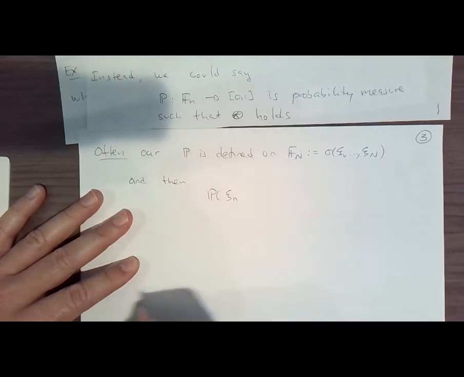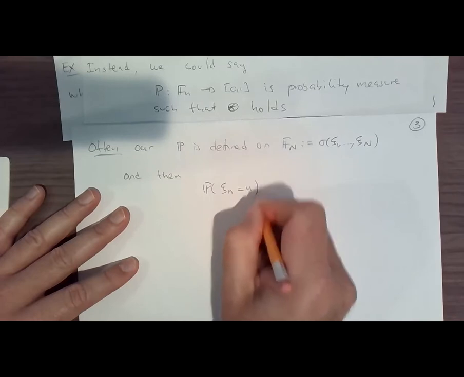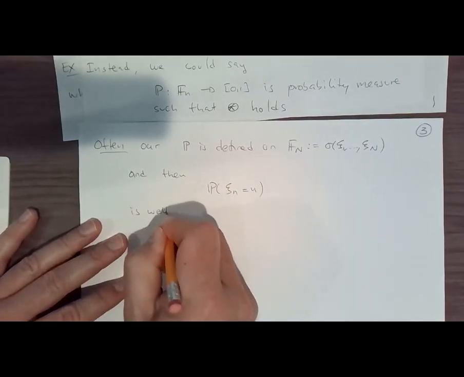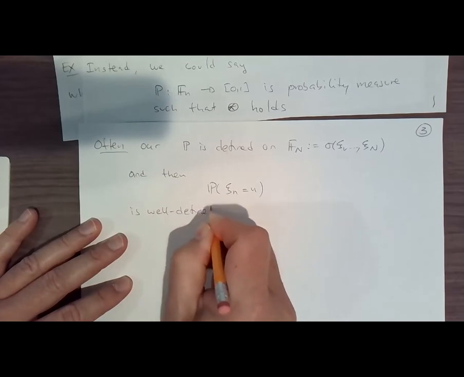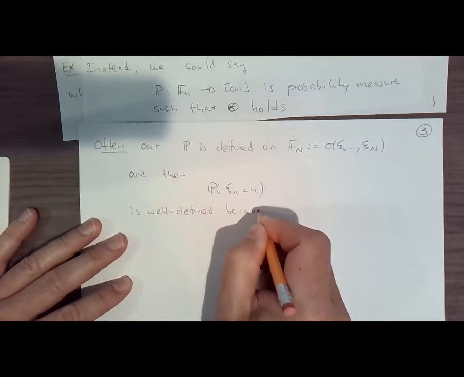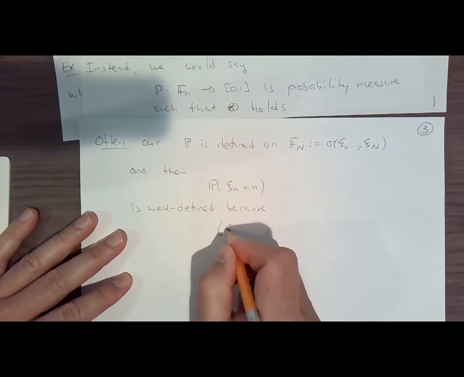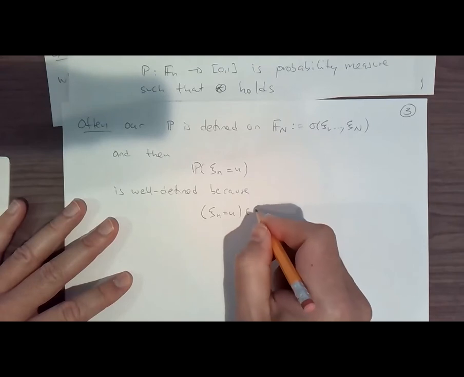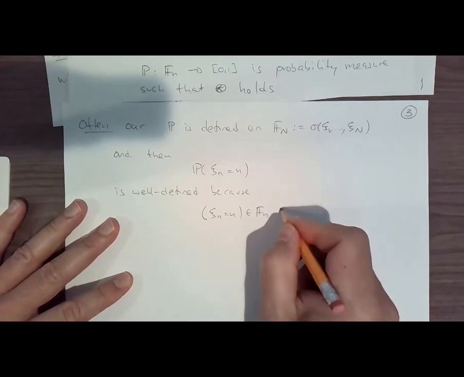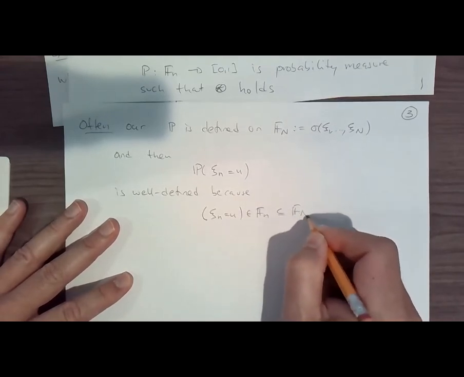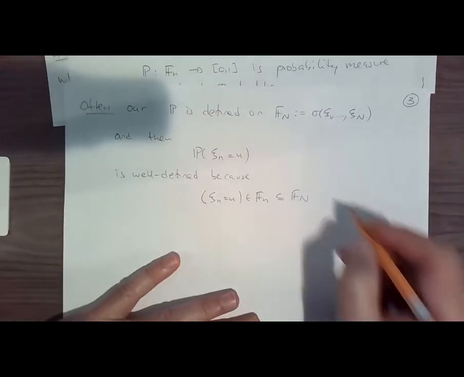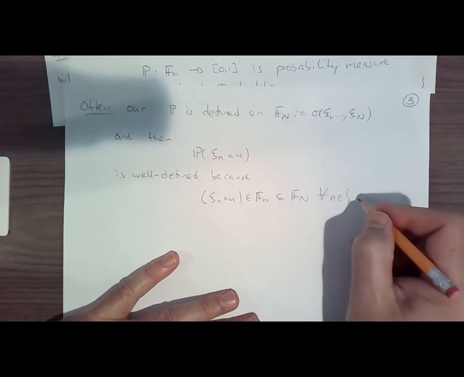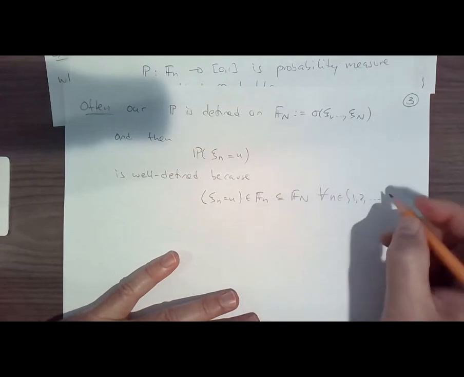If I look at psi n being d, this is well defined, because the set where psi n is equal to u is an element inside Fn, and Fn is inside F capital N. This is true for any n running from 1 up to capital N.